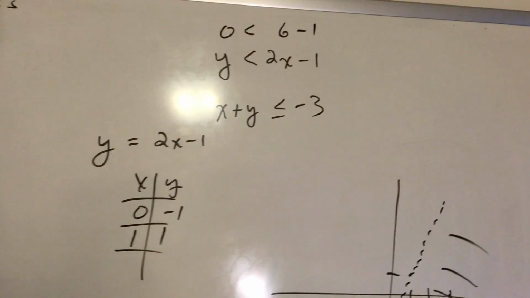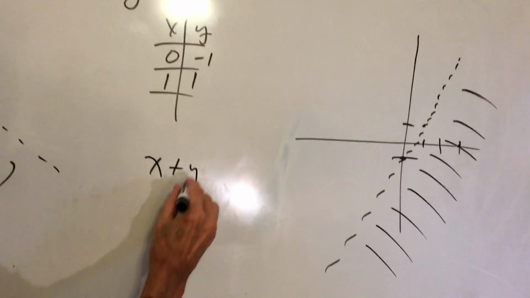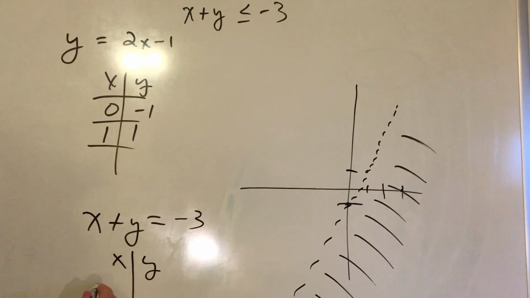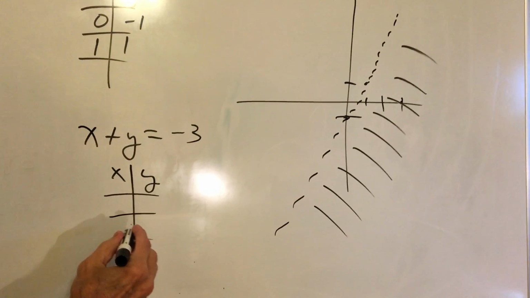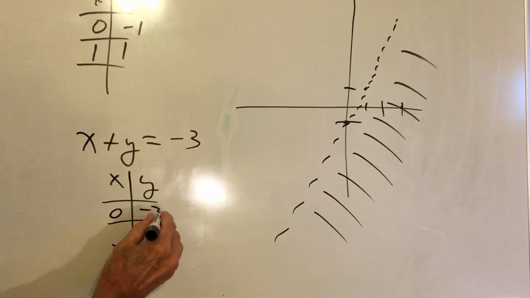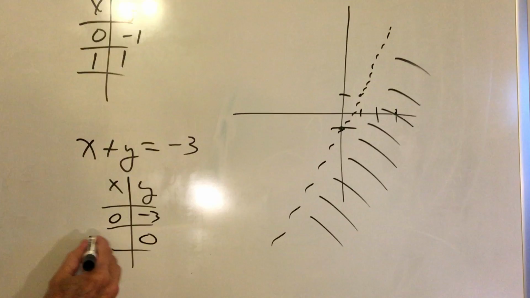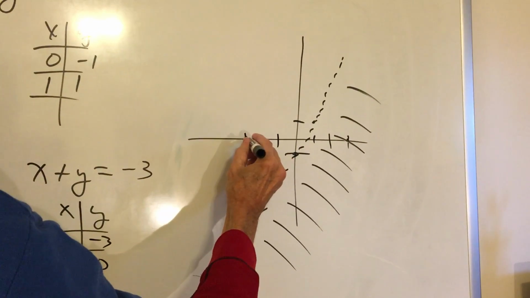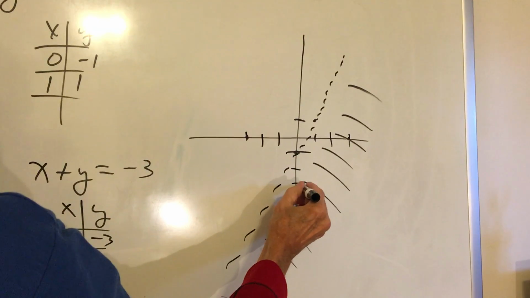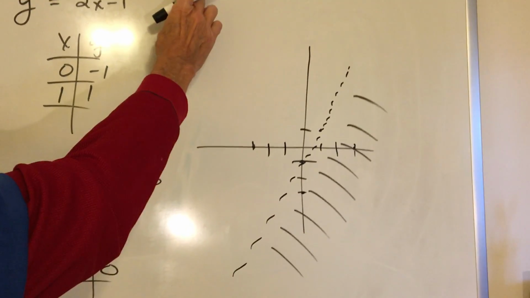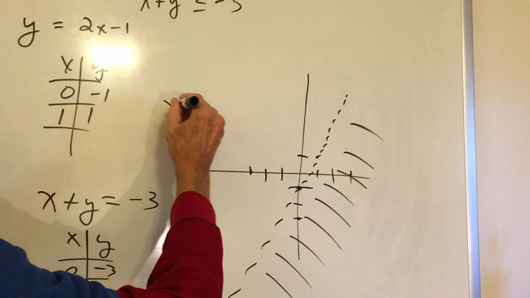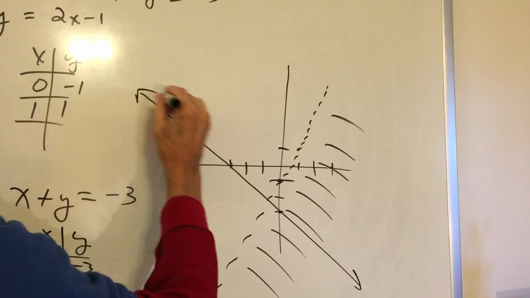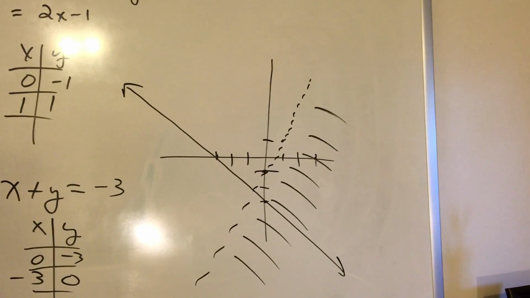Then we have this, x plus y equals -3. When x is 0, y is -3. If y is 0, x is -3. This has the "or equal to," so we use the solid line.